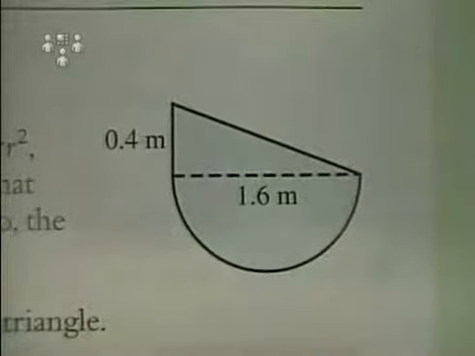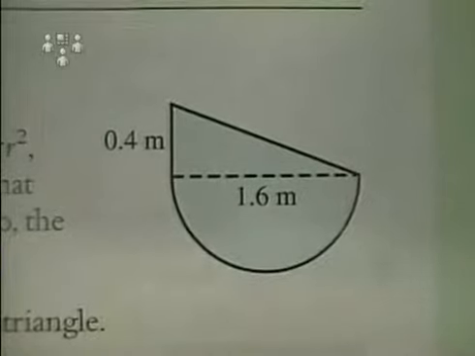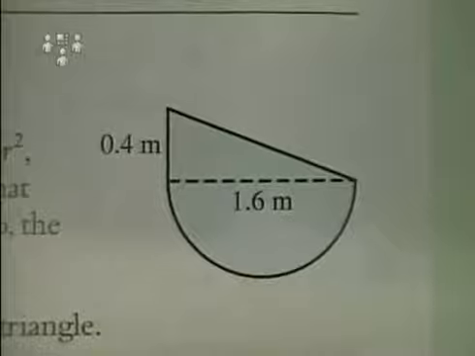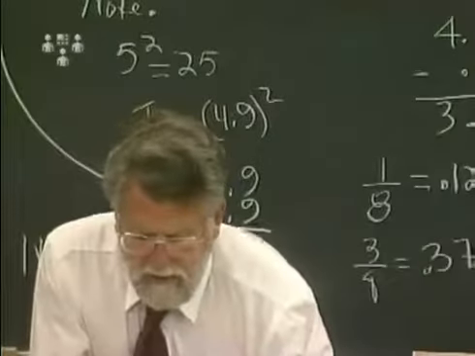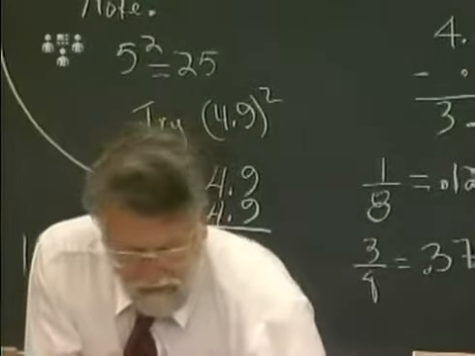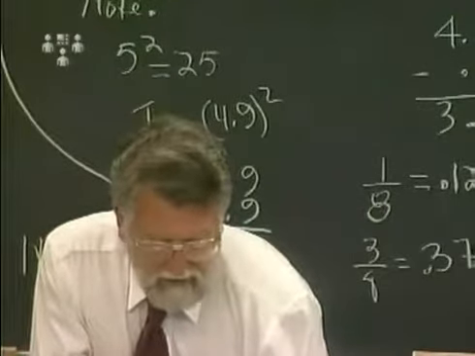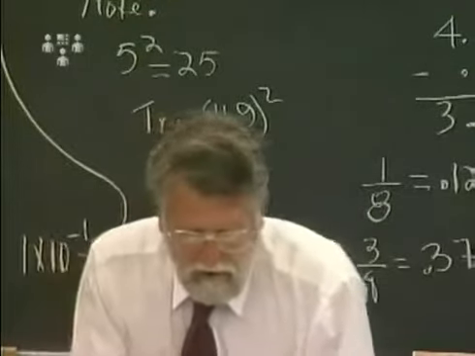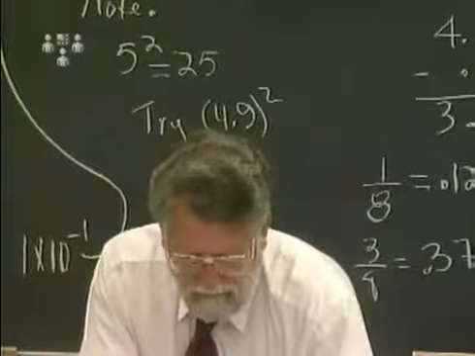Here's a right triangle on a half circle, and you find the area of each one. Nothing particularly new there. So, thus far, there's nothing there that we haven't done, but now we get to go to a new one.